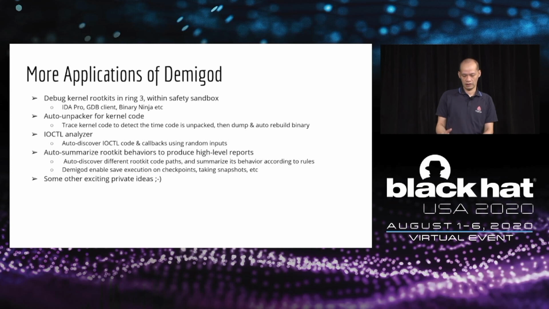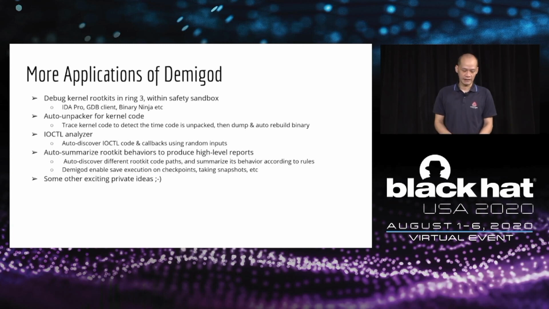We can see when the rootkit executes with different input on different code paths. And it's quite easy to do that because Demigod enables saving execution at checkpoints. You can take a snapshot and reverse. And there are many other exciting ideas that are waiting for you to explore.